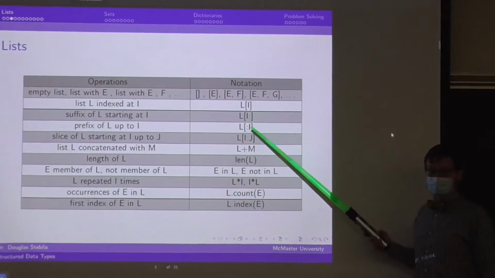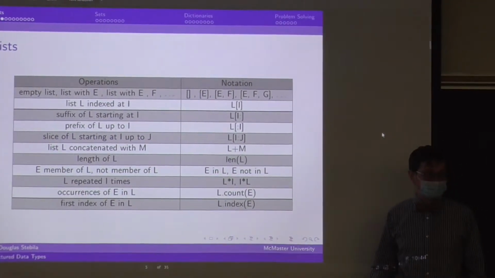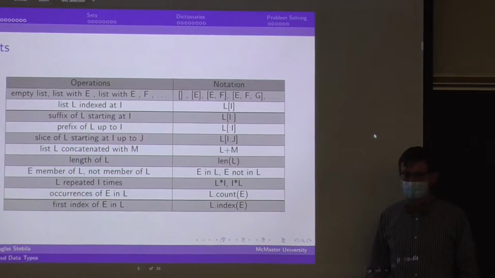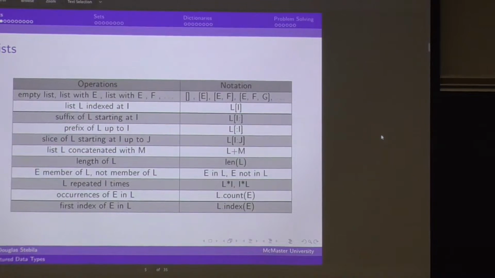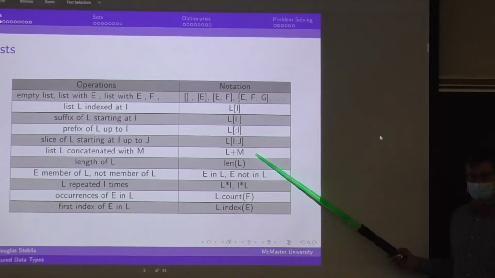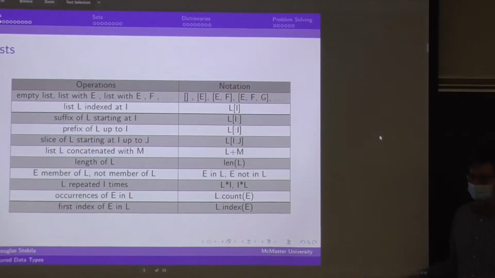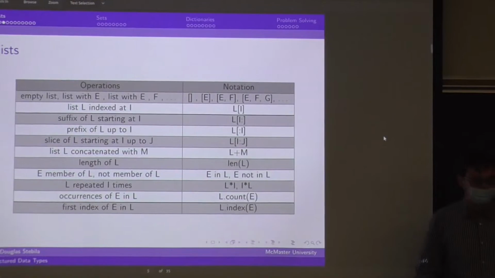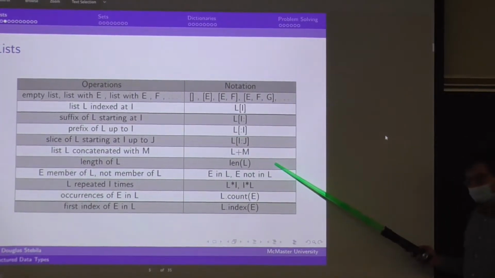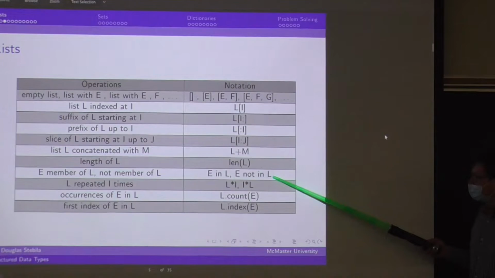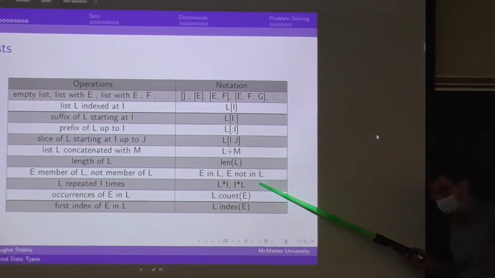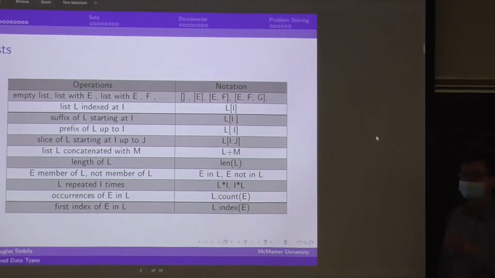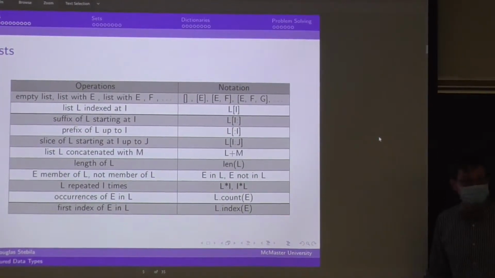You may notice we have the same slicing operations available on lists that we had available on strings, and they operate in exactly the same manner. Concatenation operates in the same manner on lists as it does with strings or tuples. We have the length operation, which works the same. We have the search operation, which works the same. We have the repetition operation, which works the same. And count and index both work the same on lists as they do tuples.